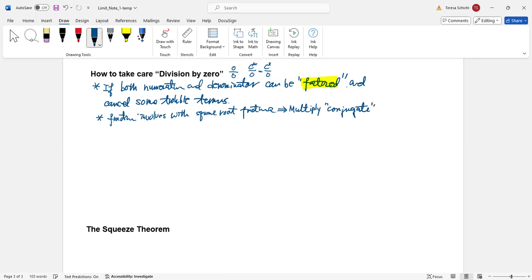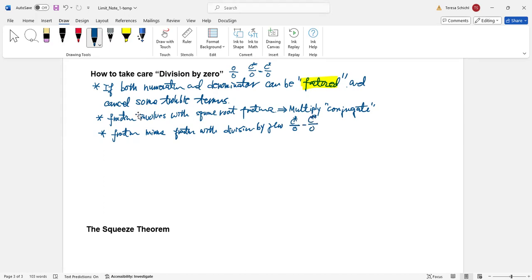Then the other situation is fractions minus fractions with division by 0, like some constant over h minus some other constant over h.